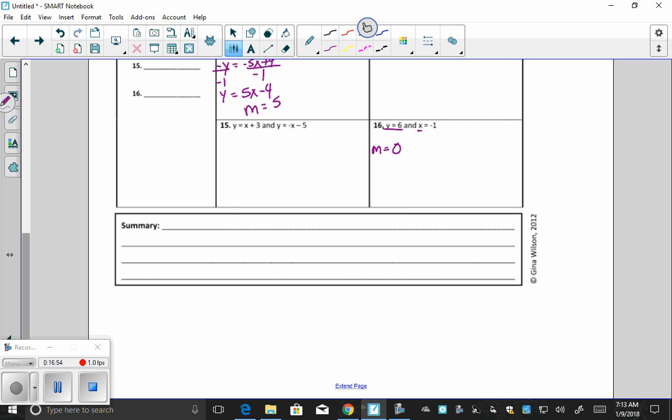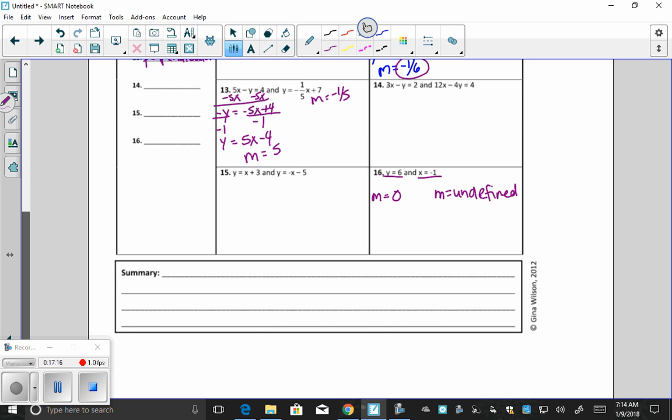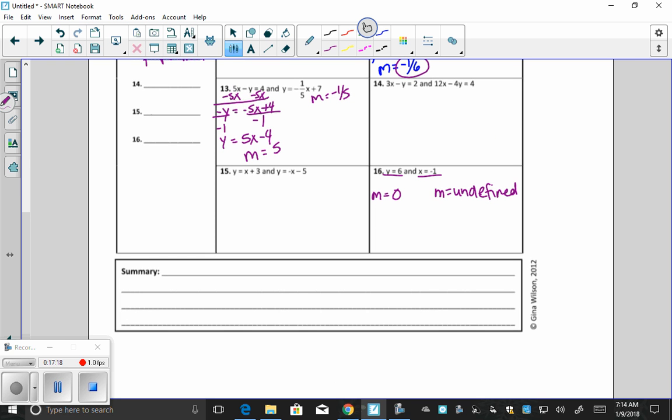If it's x equals, my slope is undefined. Negative reciprocals of 0 and undefined are each other. So if you have 0, the negative reciprocal is undefined. Therefore, problem 16 is perpendicular.